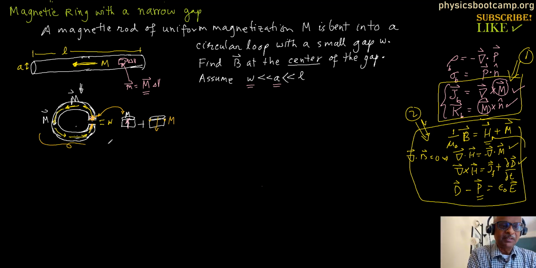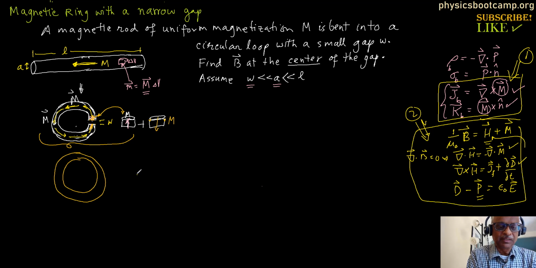So this together will be like a full ring, and this will be the gap with width W, but the magnetization is pointed down here. M is pointed down here, and M is pointed up here and is going around. M is pointed that way.